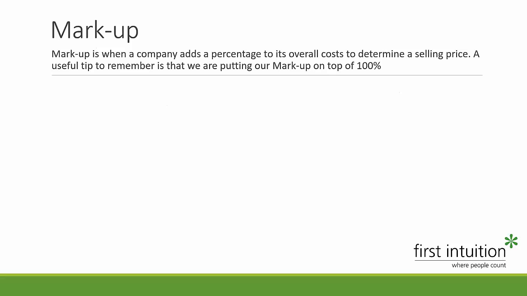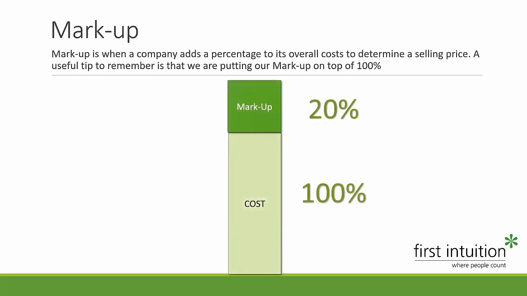When we're looking at markup, we are essentially adding a percentage to our overall costs to determine a selling price. A useful tip is to remember that we are putting our markup on 100%. To give you a visual expression of that, this is the last little bar that we like to use. When you see markup and margin side by side, you'll see how this links together.